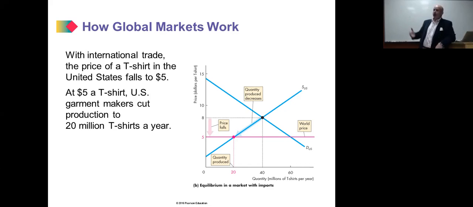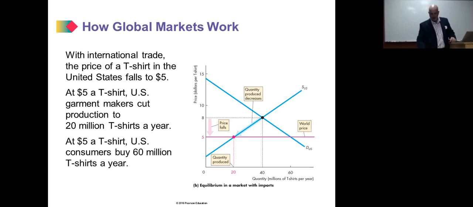So if we intertwine the world markets through globalization, we see the effects here. The US price is going to lower. This shows us that the amount of shirts made by US garment makers is going to fall to 20 million. And now at $5 a shirt, consumers are willing to buy 60 million t-shirts.